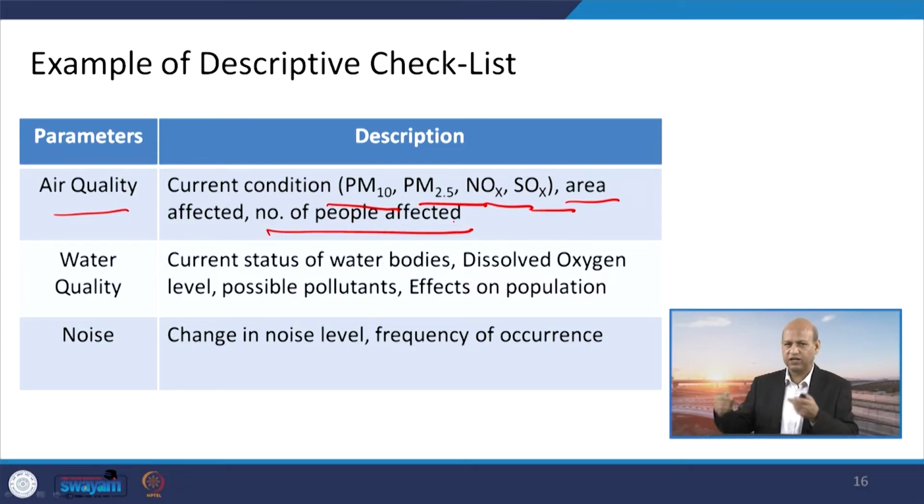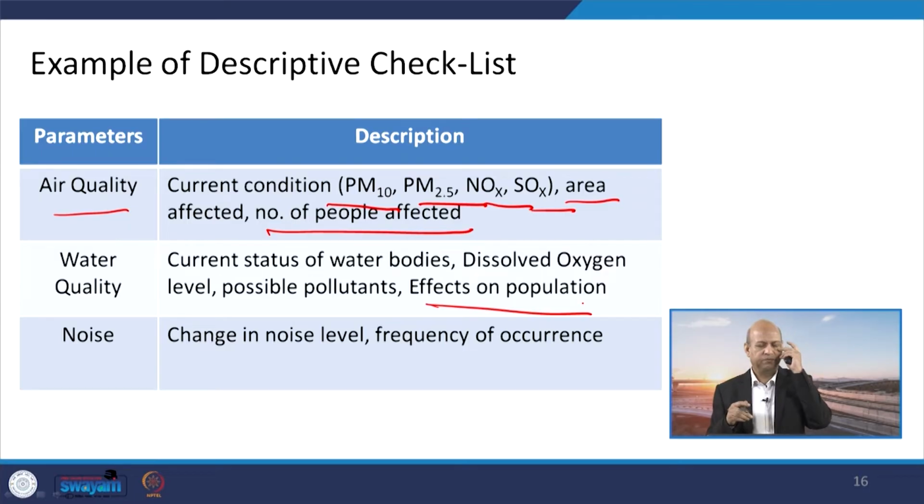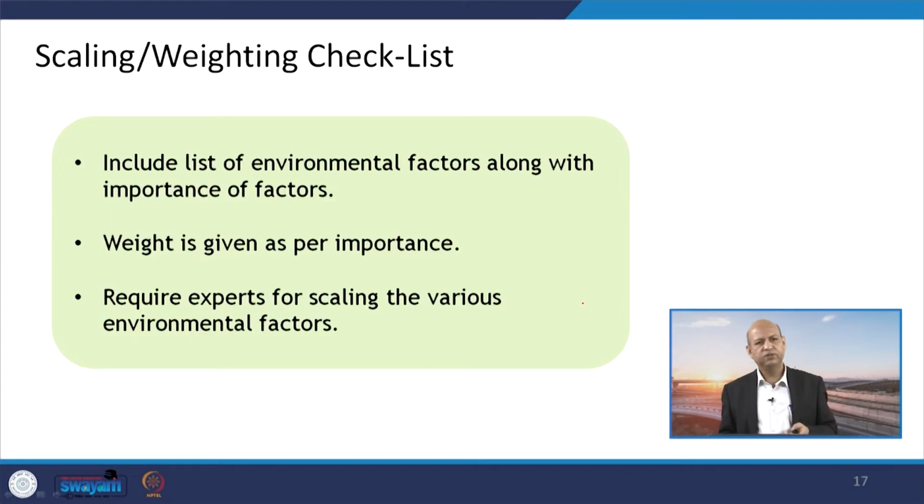So, further classification to sub classification. Water quality, again DO, how much DO will be there, how it will be affected, possible pollutants, then effects on the population, similarly noise. You can further classify those parameters. That is part of the descriptive checklist.